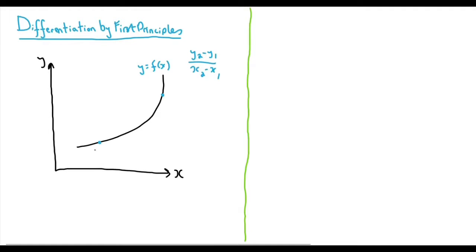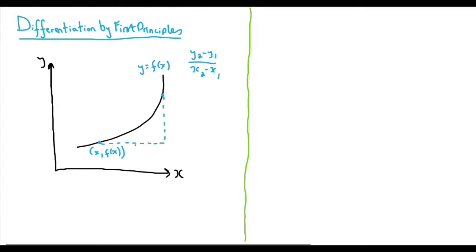Now, this coordinate down here, we could just label as x, f(x), whatever the starting coordinates are going to be. Then, to get the coordinates of this other point, such that we have a difference in x and difference in y, what we can do is set up this kind of triangle. So specifically set up a dotted line between the x coordinates and then in the y as well.